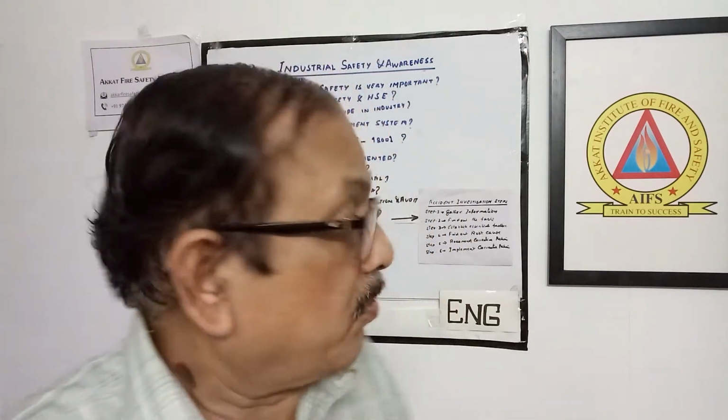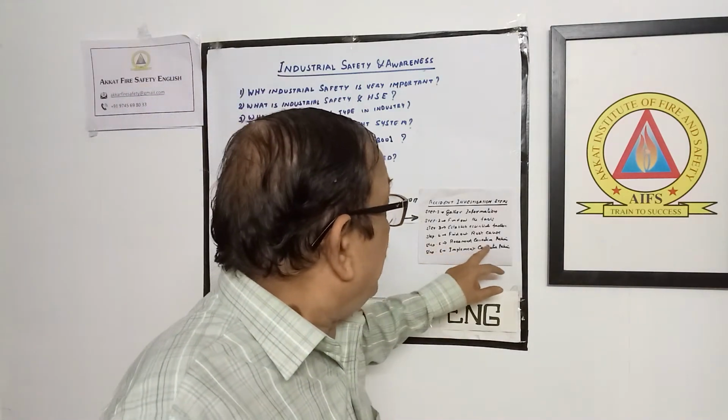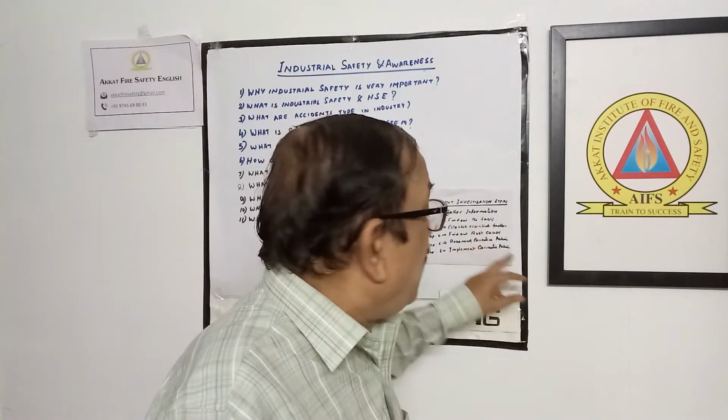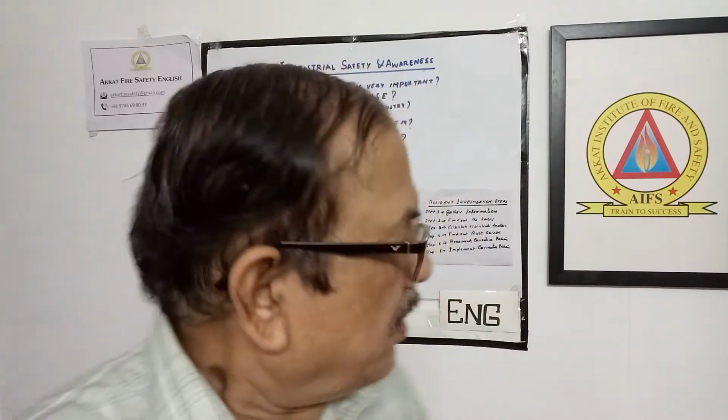Then find out the root cause. Root cause means the real occurrence: why the accident occurred, what the problem was. You have to do root cause analysis. Once you have established the root cause, you have to eliminate it. Then record the corrective action, so that next time it will not occur.